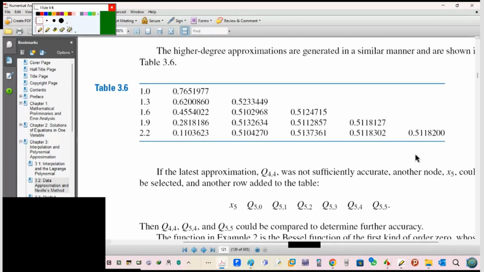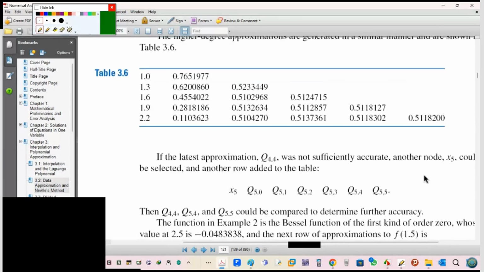Okay. See here, for example, for the first value that I talked about, see this one is x0, x1, 2, 3, 4. And this is my value here. Here in this one, it's the x variable.